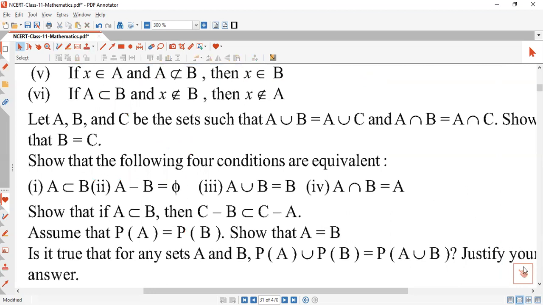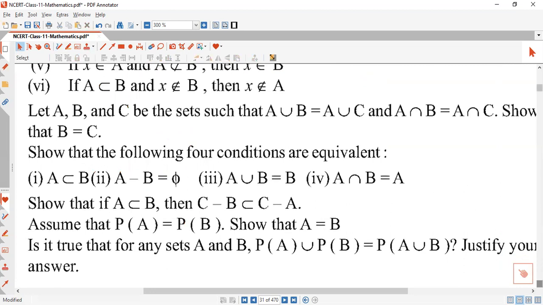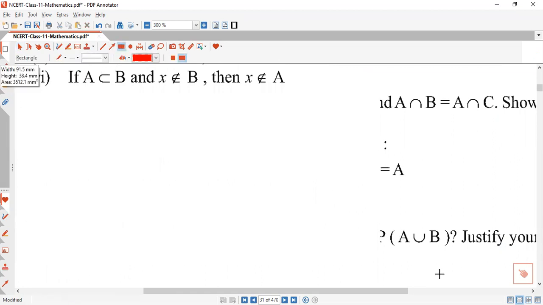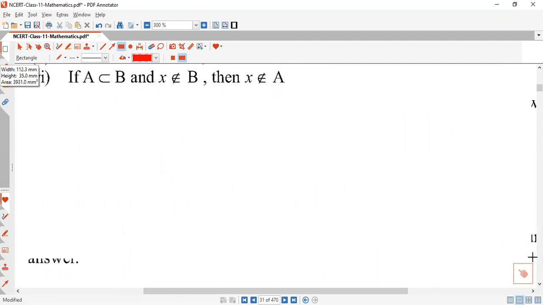Now, I will do part 6. So in this question, you see this one, A is a subset of B, and X does not belong to B, then X does not belong to A. If X does not belong to B, does it mean that X belongs to A?